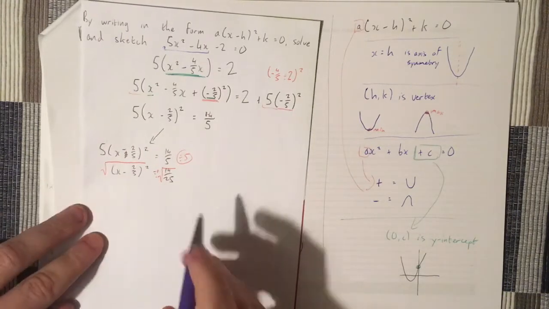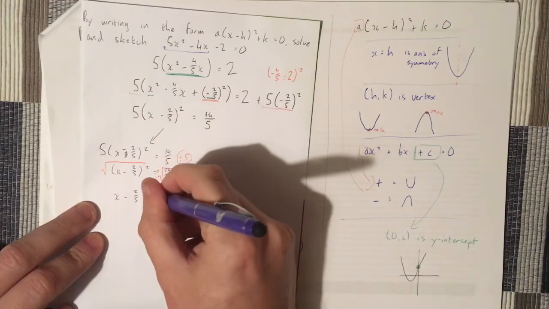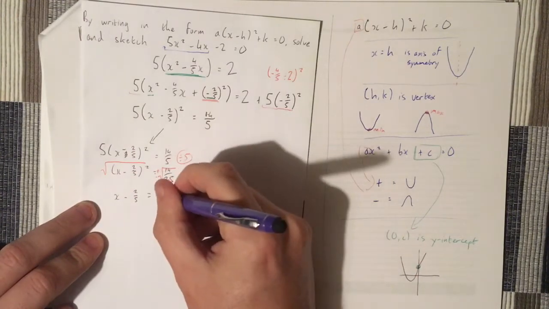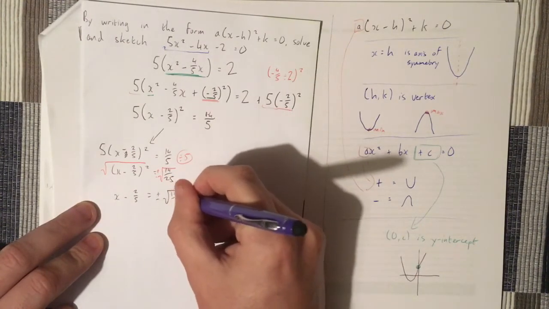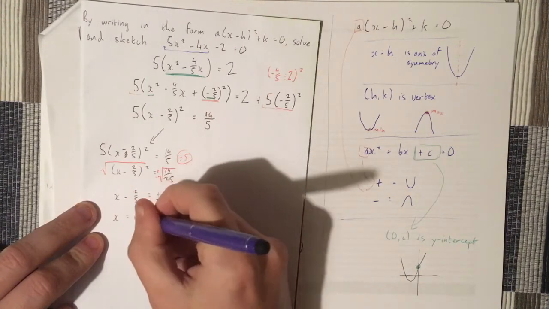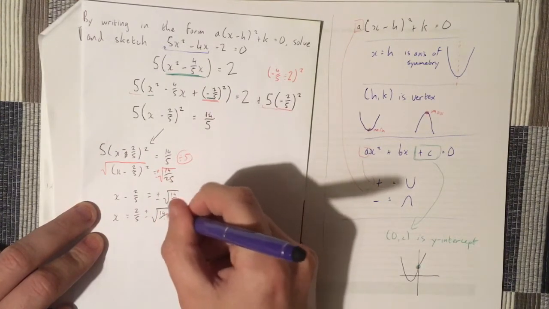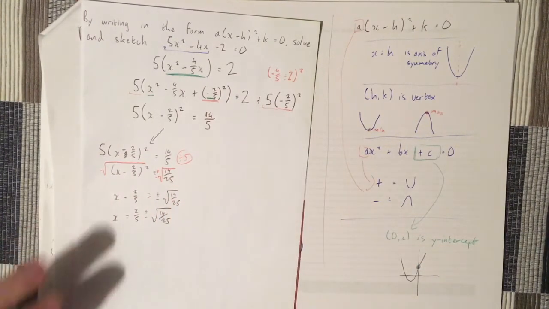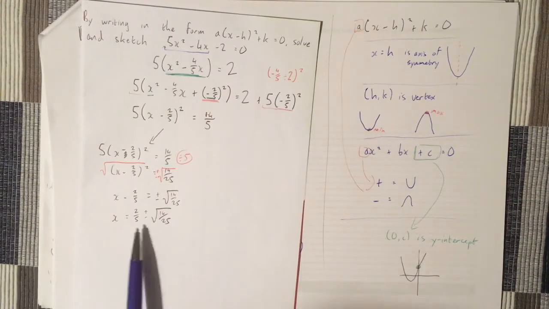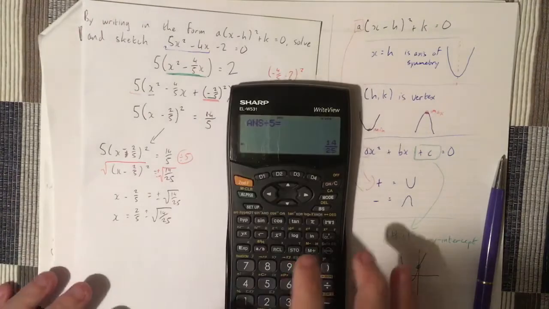So the squared and the square root cancel each other out, so you've got x minus 2 over 5 equals plus or minus root 14 over 25. Bring the minus 2 over 5 over, x is equal to 2 over 5 plus or minus root 14 over 25. So just plug that into the calculator to get your two solutions then.